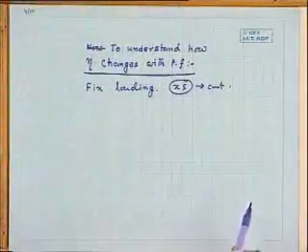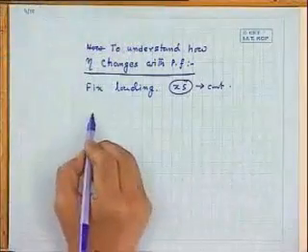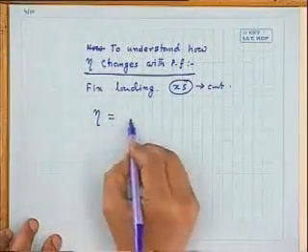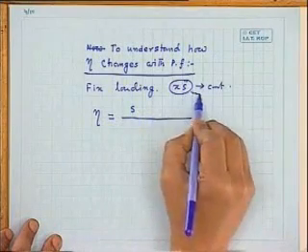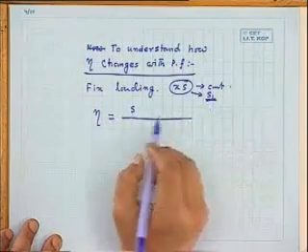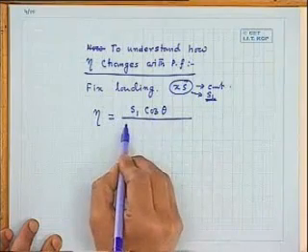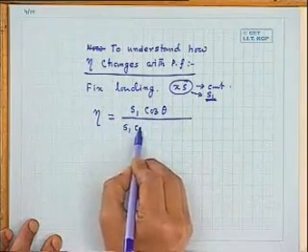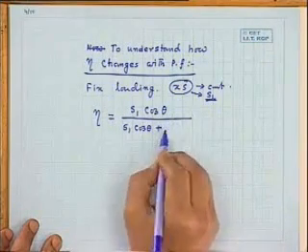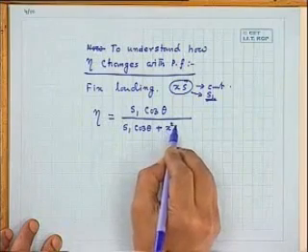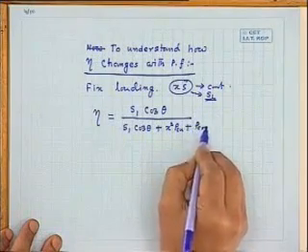So if you do it like this, then in this expression, with fixed loading, the efficiency will become S1 cosine theta divided by S1 cosine theta plus the copper loss, whatever is the value of x into P copper, plus the core loss.